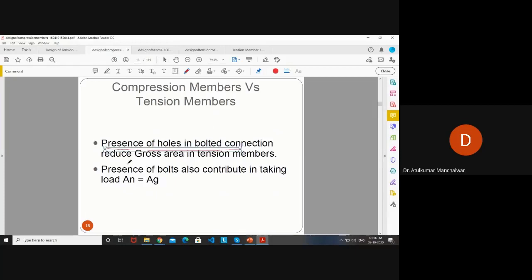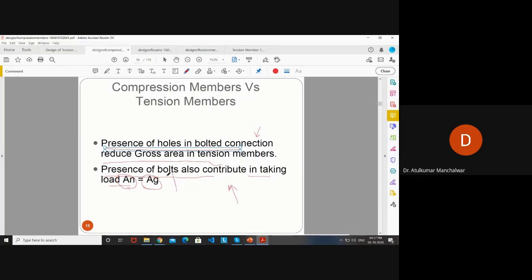The presence of a hole in the bolted connection reduces the gross area in the tension member. The bolt also contributes to taking the load in compression. See guys, a very important parameter: the presence of a hole will affect the tension strength of the member, but in compression the bolt also contributes strength.